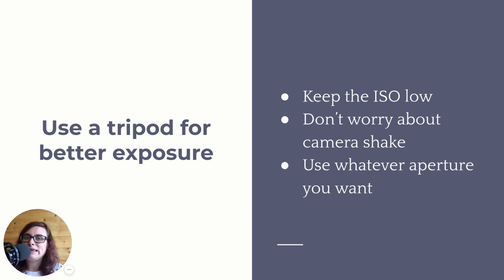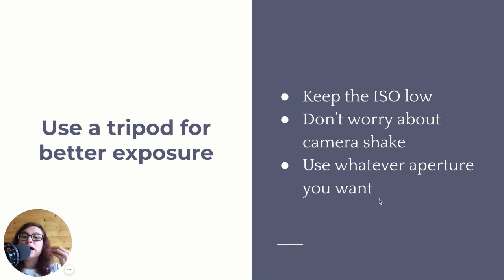Have a look at the class on ISO and noise so that you understand perfectly why it's important to keep your ISO low. Keeping your ISO low ensures that you have no grain, no noise, and the best image quality. You don't have to worry about camera shake if you're on a tripod, because obviously your camera is pretty stable there.